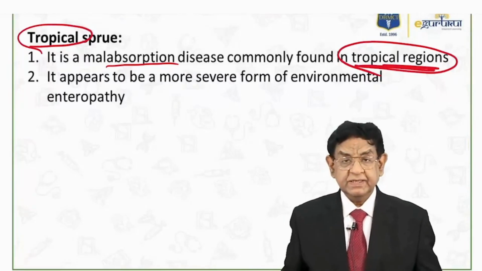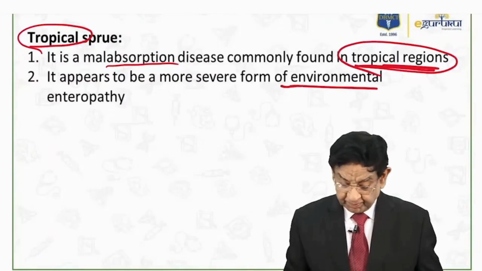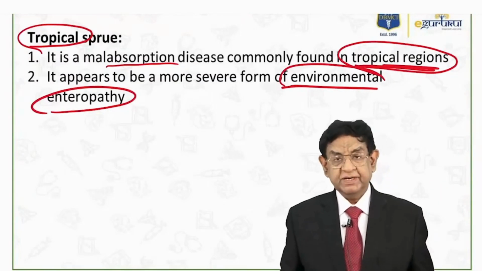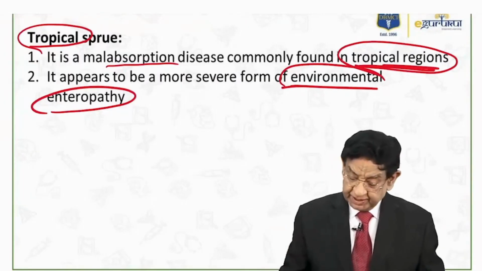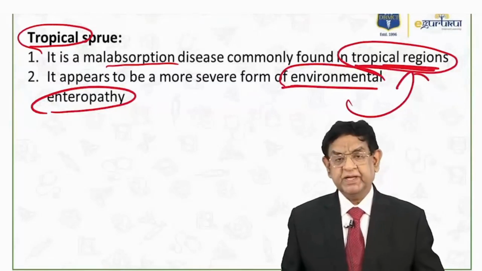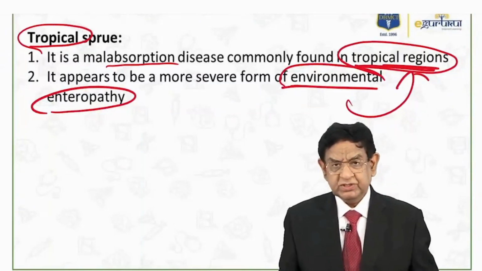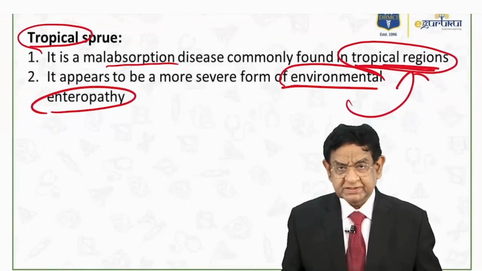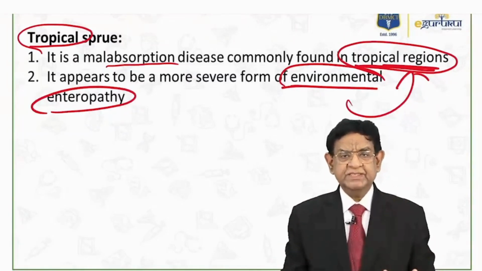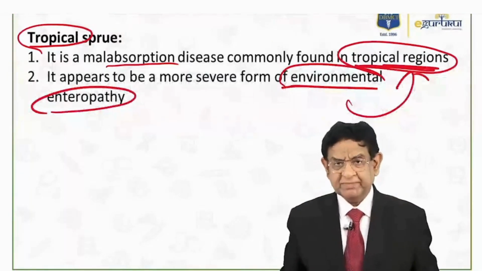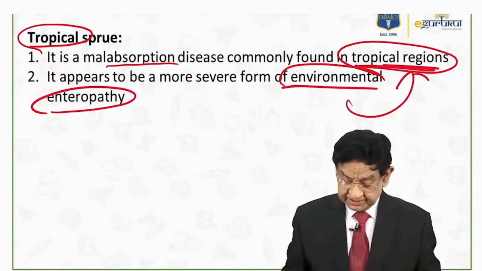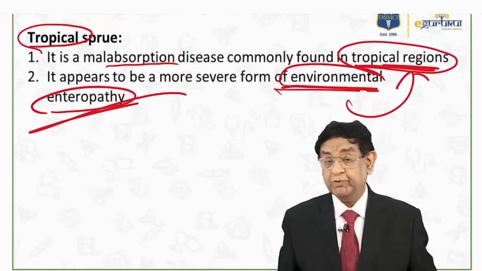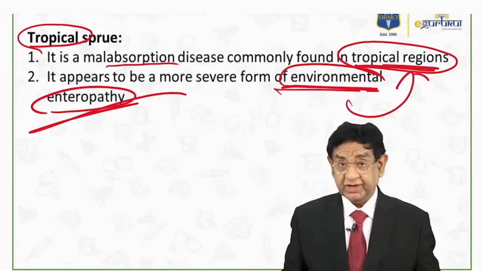And it is a type of environmental problem. Why environmental? Because this is seen only in the tropical region. It's not seen in temperate areas or other places. So it is one disease which is confined to a particular segment of the so-called tropical area. That's why it is a type of environmental enteropathy, right?